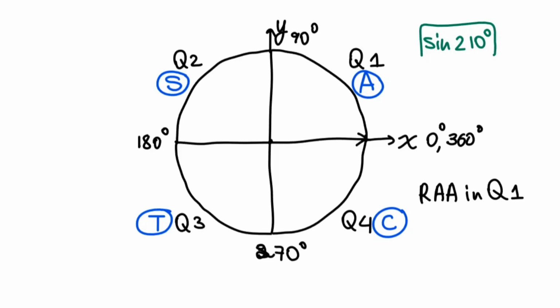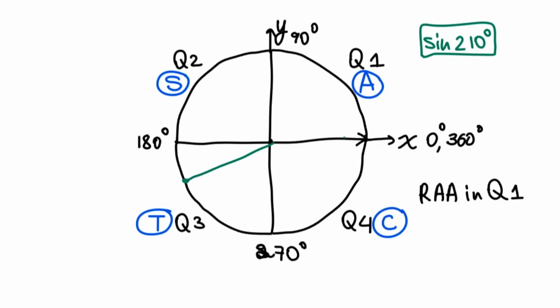What is it equal to? So first, decide which quadrant the 210 degree angle is located in. It's between 180 and 270. Therefore, it's somewhere here in quadrant 3.